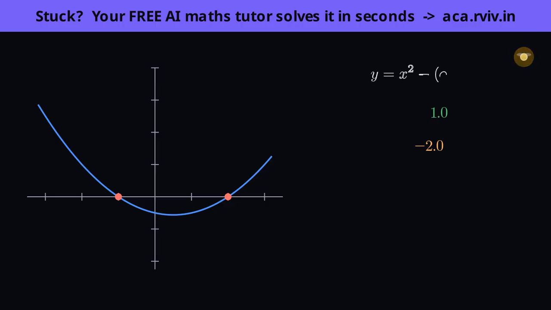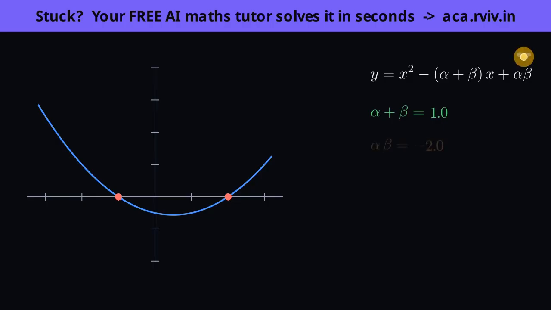If alpha and beta are the zeros, the polynomial must factor as x minus alpha times x minus beta, because that product is 0 exactly at those 2 spots. Now expand it, you get x squared minus alpha plus beta times x plus alpha times beta. Look at that middle coefficient and that last one.